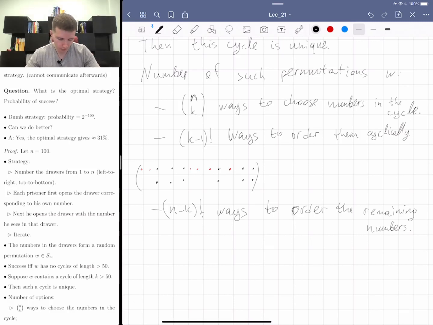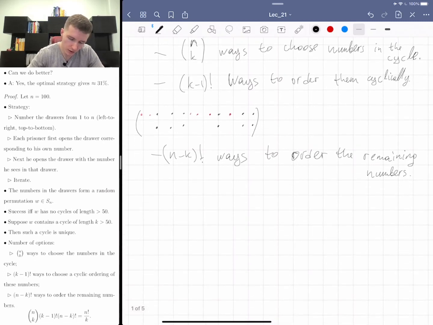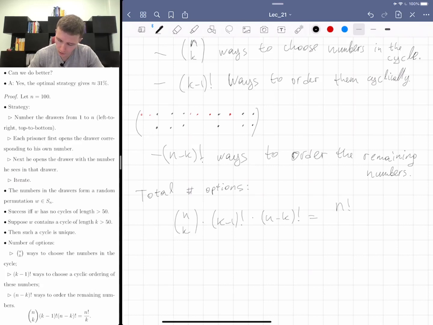So the total number of options is, you multiply all these numbers together. The total number of options for bad W is n choose k times k-1 factorial times n minus k factorial, which is n factorial over k. Here k is fixed, it's the size of the bad cycle.